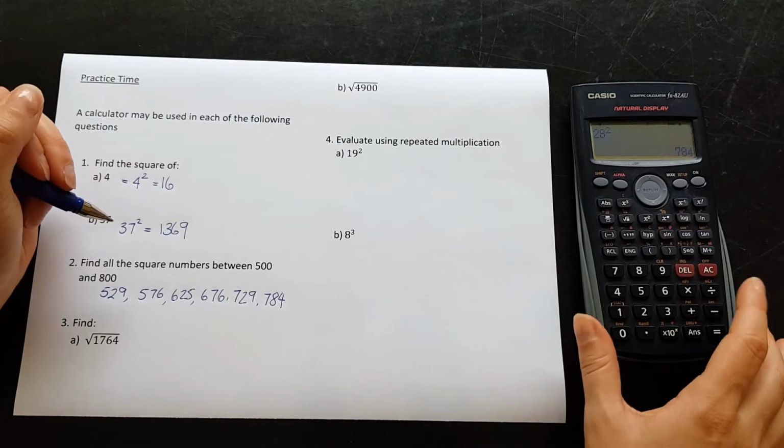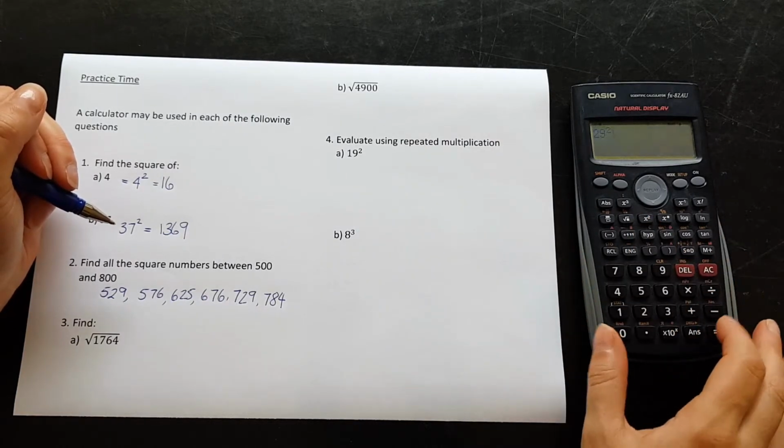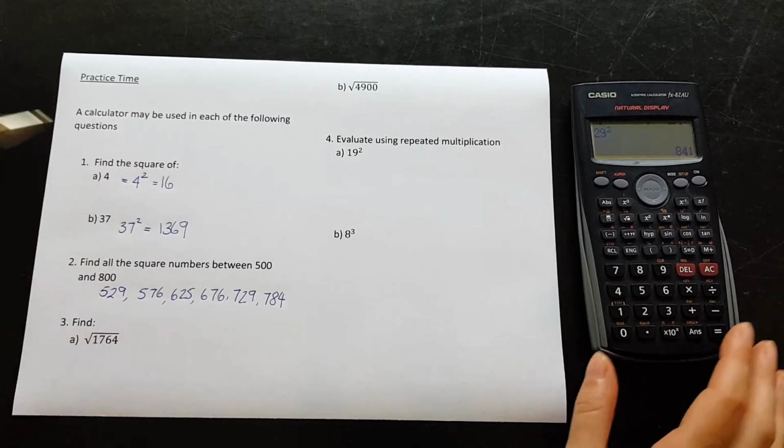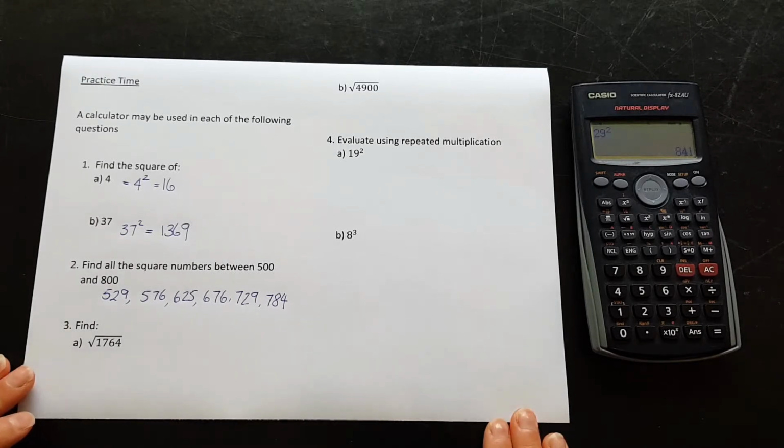We're getting very close to our mark now. 29 squared, yes, we've gone over. So that's them. Those are my square numbers between 500 and 800.